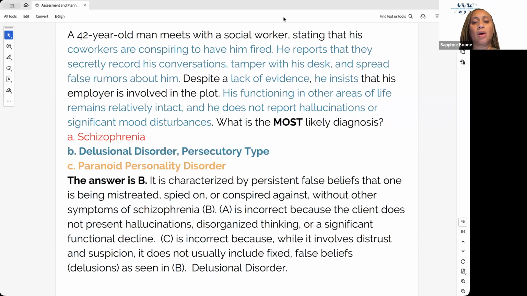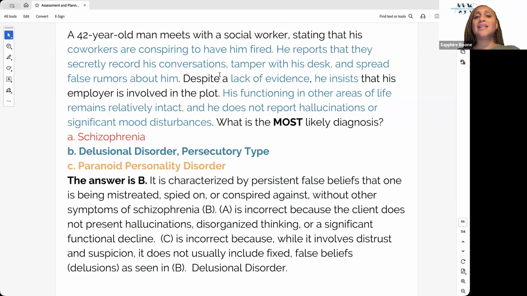So again, although paranoid personality disorder does have distrust and suspicion, delusional disorder is different because even when you give them evidence, they still do not believe the evidence and hold onto the false belief.